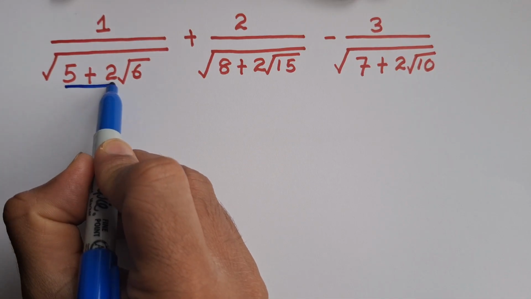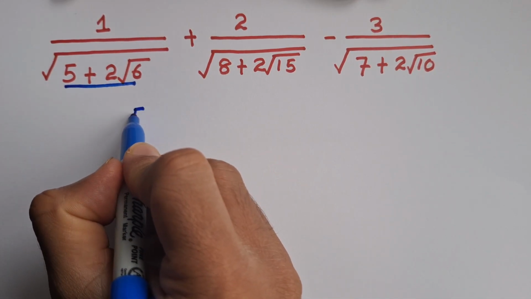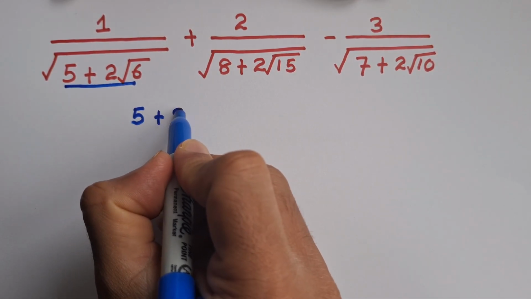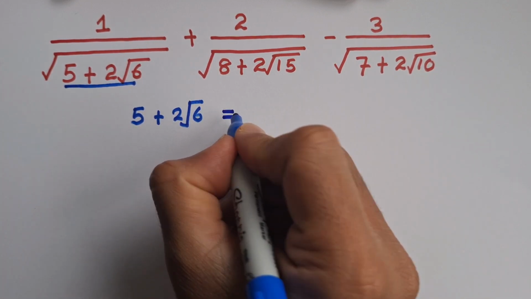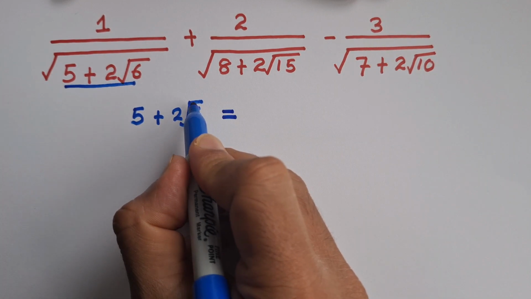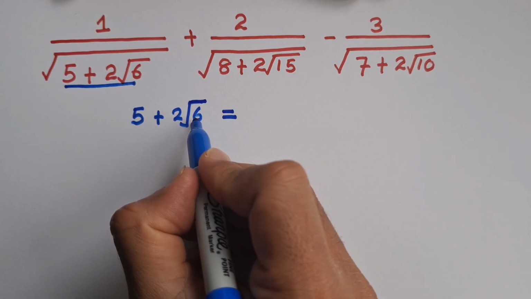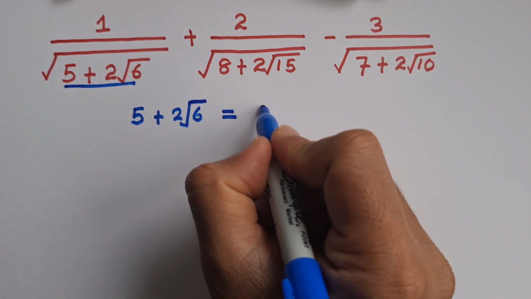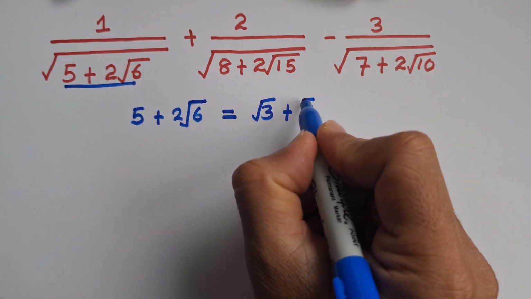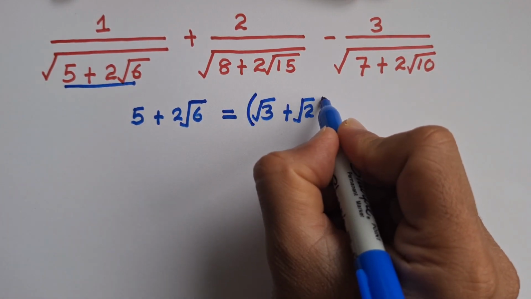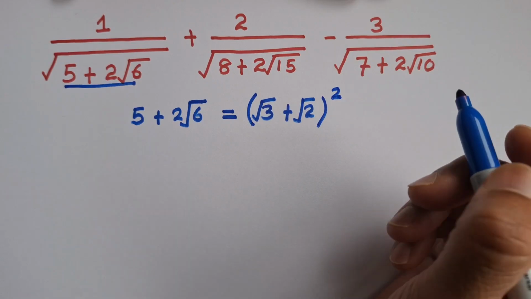So if you think carefully about these terms inside the square root, this 5 plus 2 times square root of 6 can be written as, if you think about the number inside the square root here, it is 6. 6 is equal to 3 times 2. So this can be written as square root of 3 plus square root of 2 whole to the power 2.